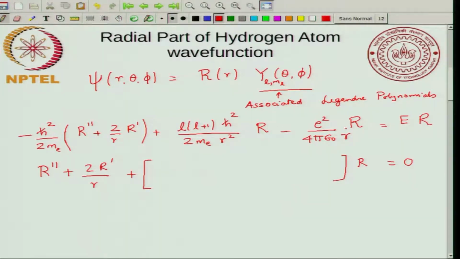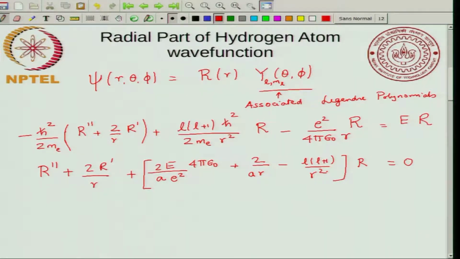So, since I just want R, what I will write is the following: 2 E by e square times 4 pi epsilon 0, plus 2 by a r, I will tell you what a is in a minute, minus l(l+1) by r square.